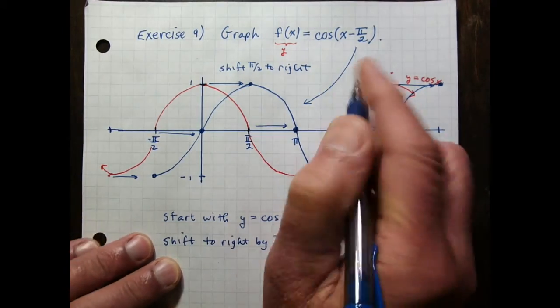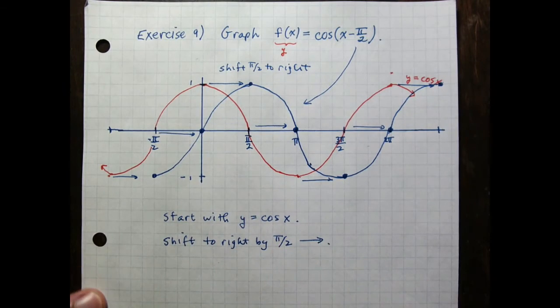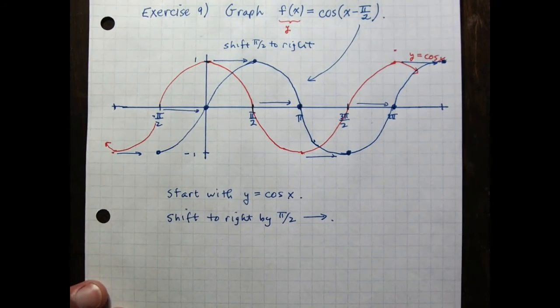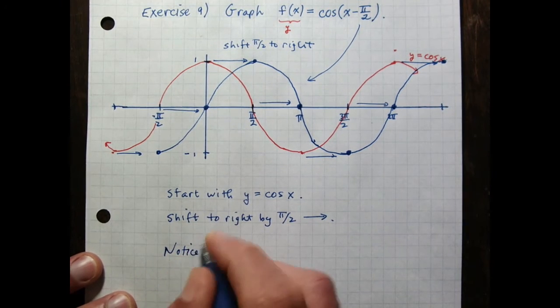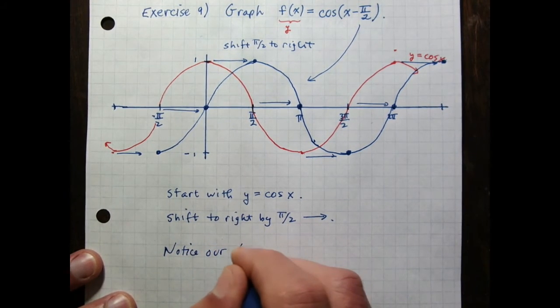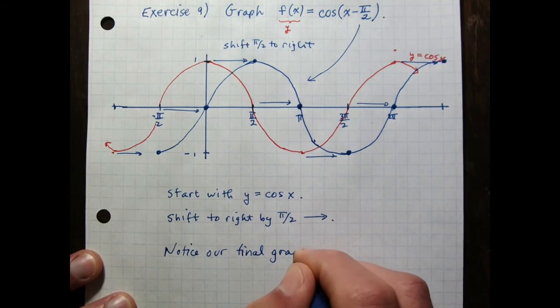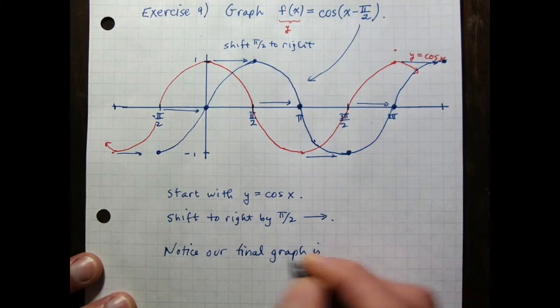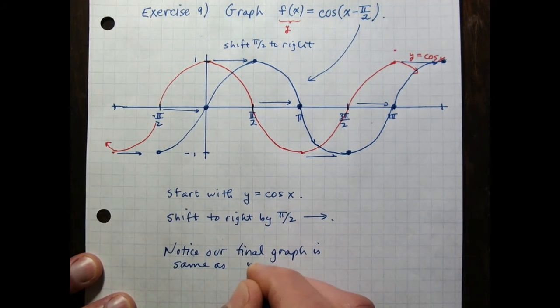Of course, it's given by f of x as cosine of x minus pi over 2. But notice our final graph is the same as y equals sine x, right? It's just the sine graph.